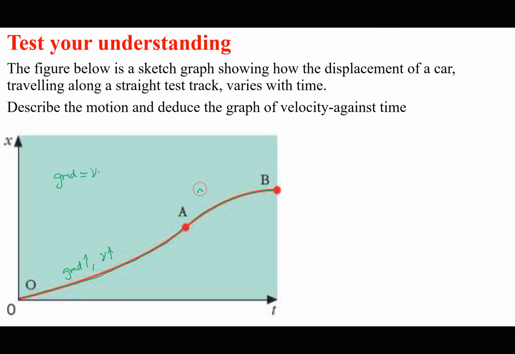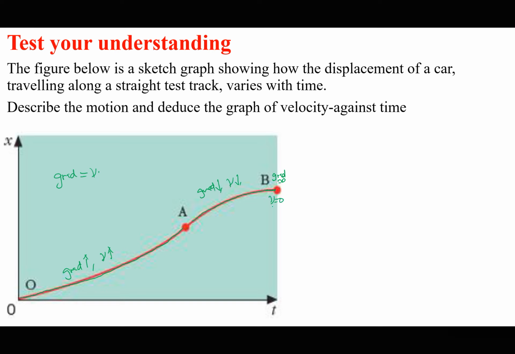Here the gradient is decreasing, so the velocity is decreasing. And at B, the curve is horizontal, so exactly at B the gradient is 0. So here we can say v is equal to 0.